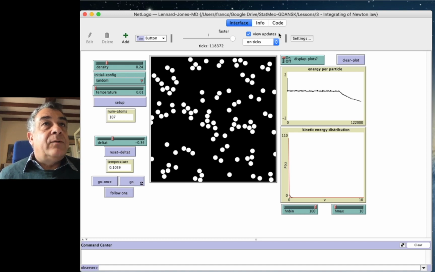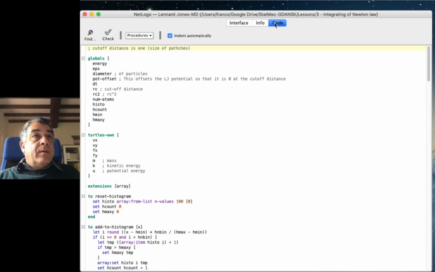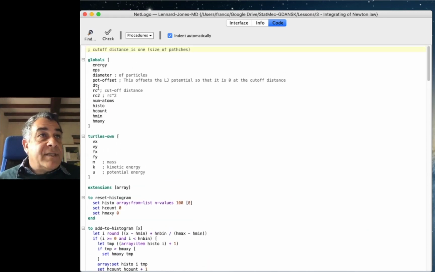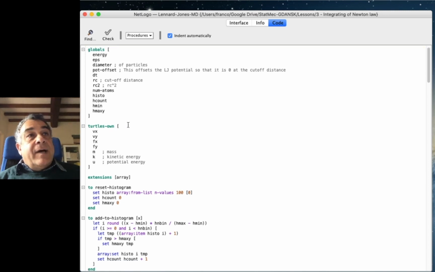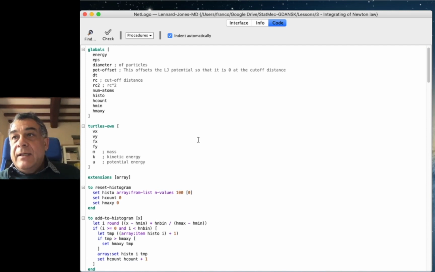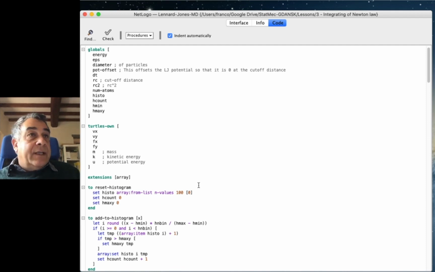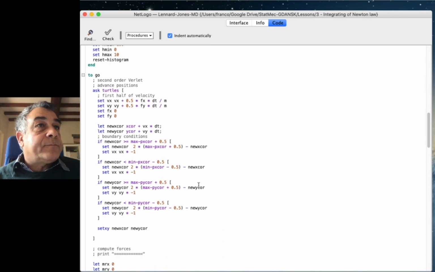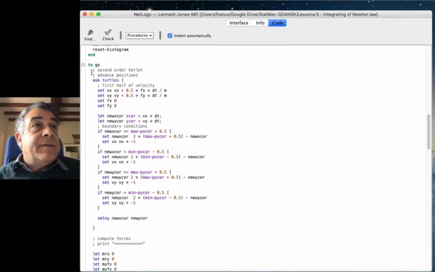Let's have a look at the code, which is clearly more complex because I have to take into consideration the offset of the potential, the number of atoms, and the representation of the histogram that we shall study in a following lesson. But the main point is essentially the same as before.